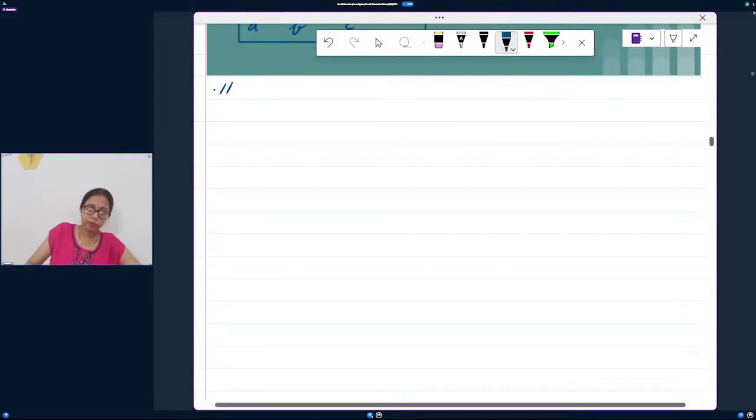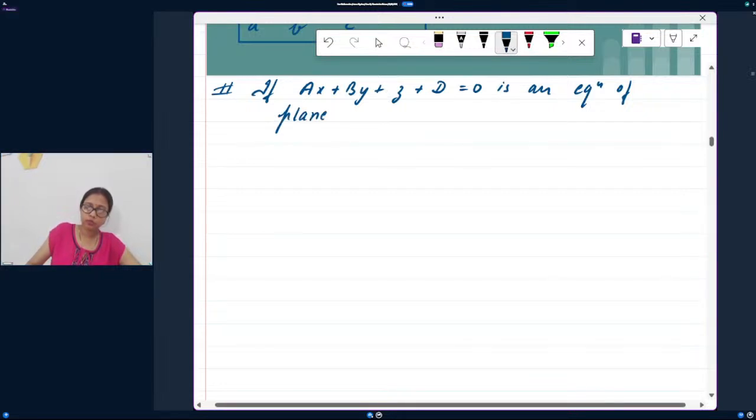So if ax plus by plus cz plus d, a general equation, is given as an equation of plane, it can be rewritten.